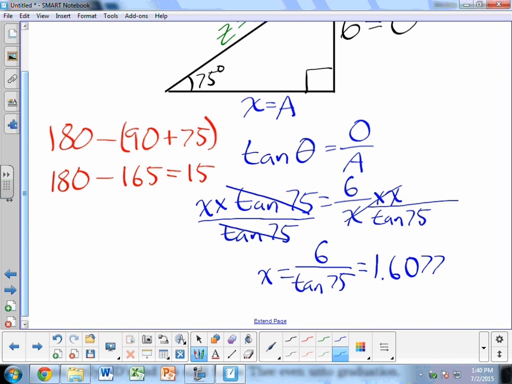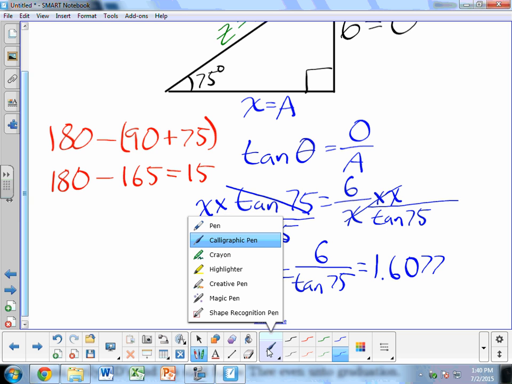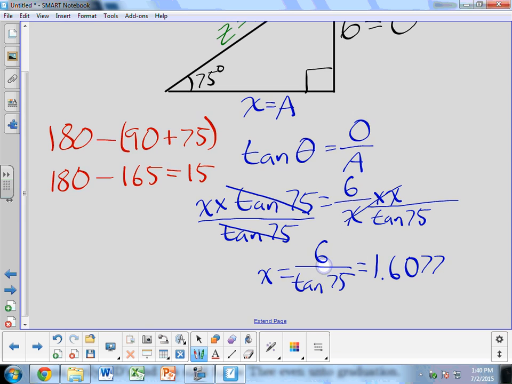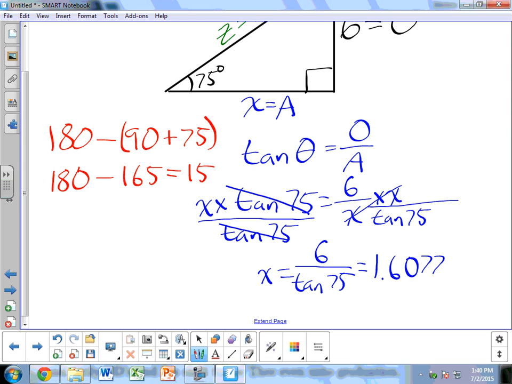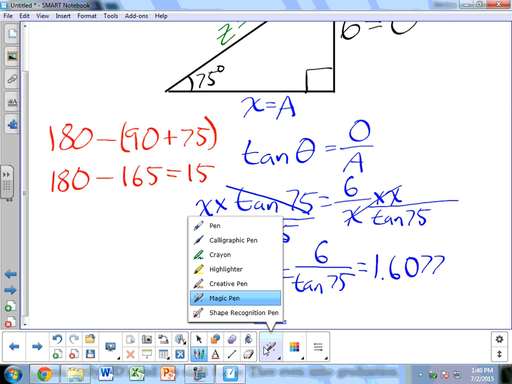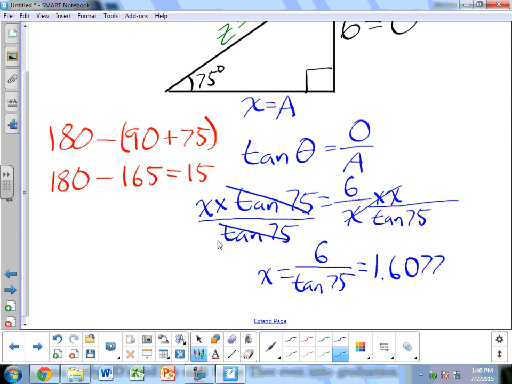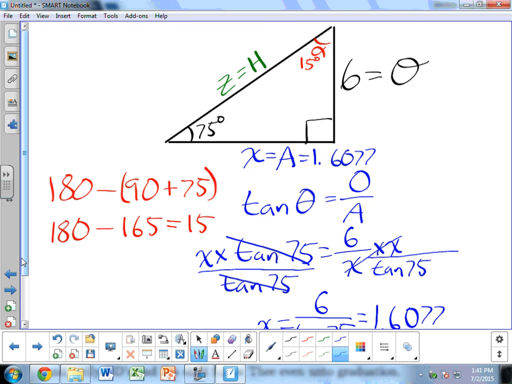If you're using a scientific calculator, you just put it in right as you say it. This is 6 divided by the tangent of 75. So that's exactly what I put in the calculator. So this tells us that side x is 1.6077. And so now all we have to do is find side z.